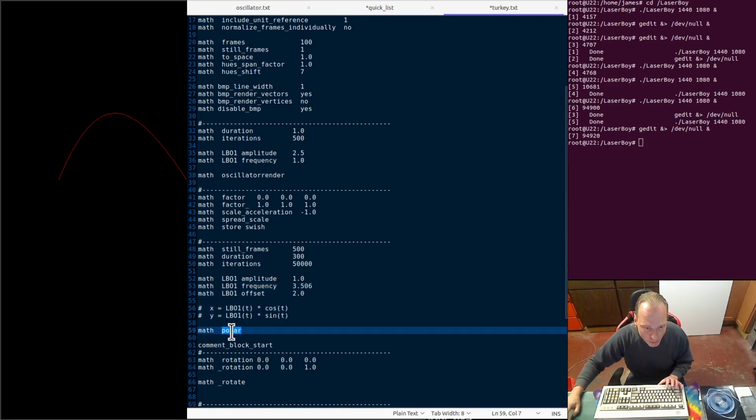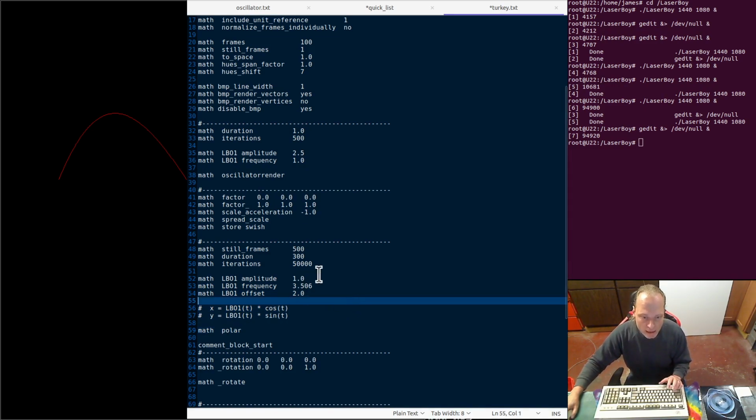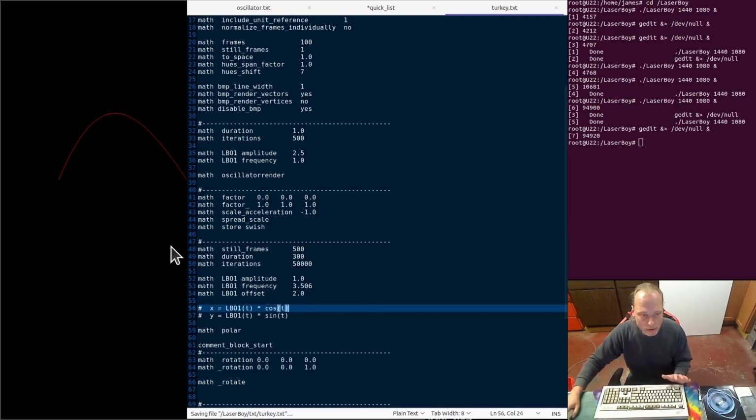We already looked at polar, but we looked at the animated version of it. It doesn't matter, it's the same concept. This is the polar coordinate graph of the frequency of 3.5, offset of 2, and for 300 iterations around the unit circle.